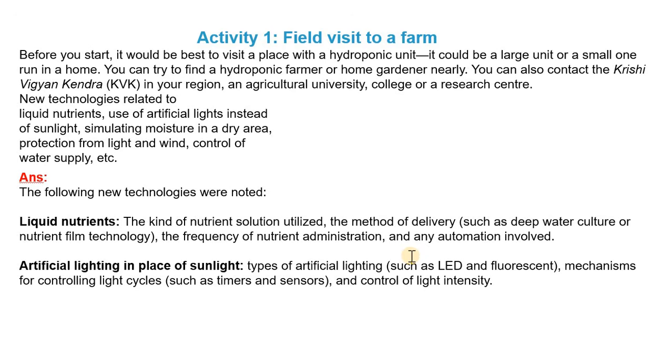Liquid nutrients: the kind of nutrient solution utilized, the method of delivery such as deep water culture or nutrient film technology, the frequency of nutrient administration and any automation involved. Artificial lighting in place of sunlight: types of artificial lighting such as LED and fluorescent, mechanisms for controlling light cycles such as timers and sensors, and control of light intensity.